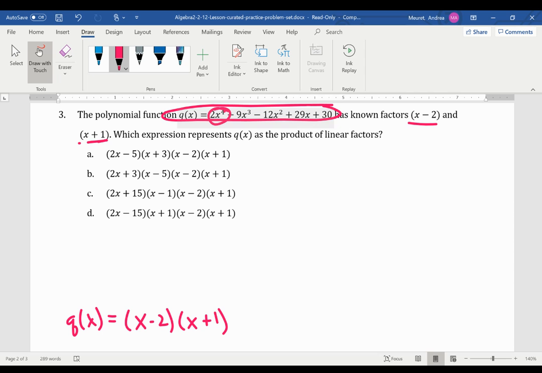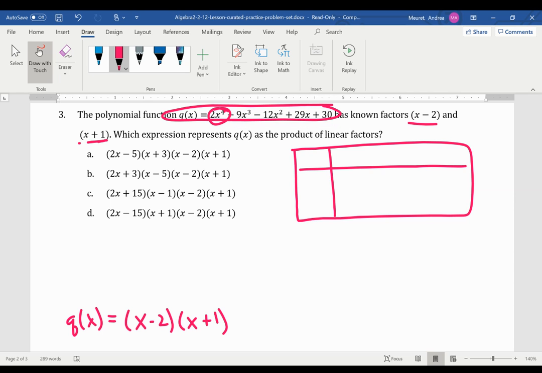So I'm going to, let's see here. Need a box like this. I need a column for x minus 2. I need a row for the new polynomial. I need 2 rows here. So we have x and negative 2.